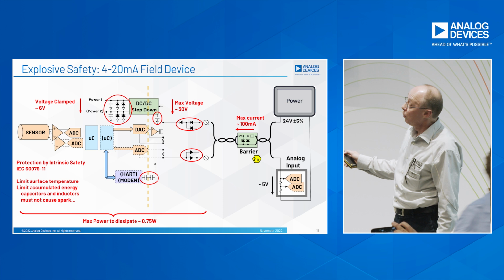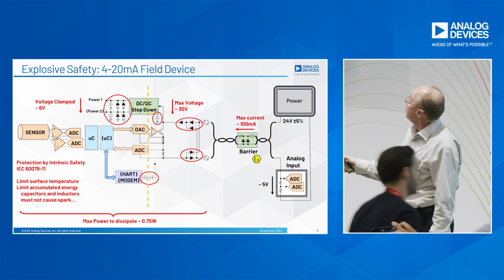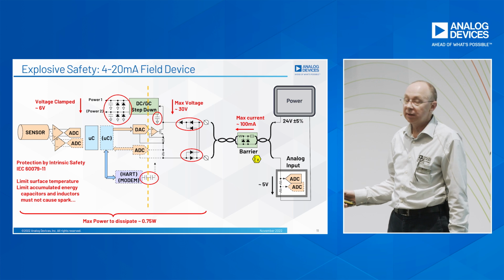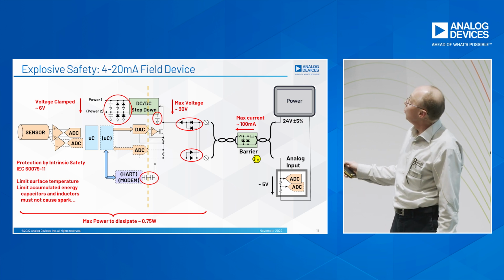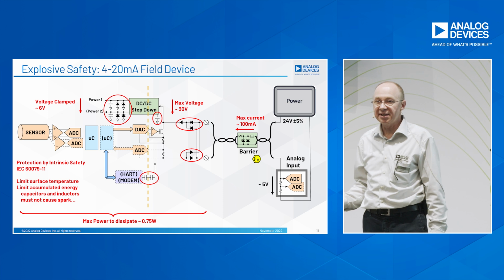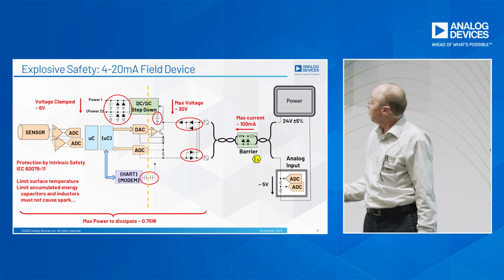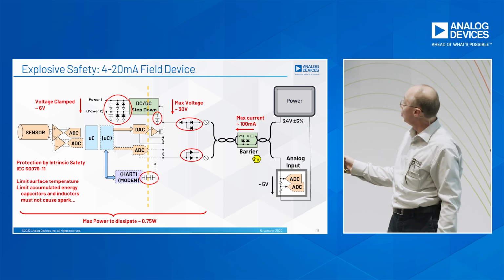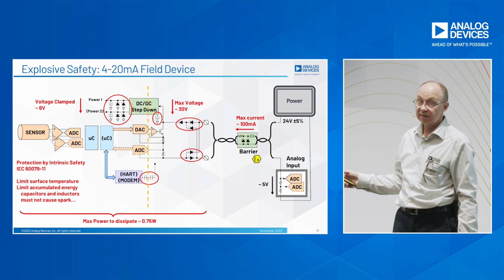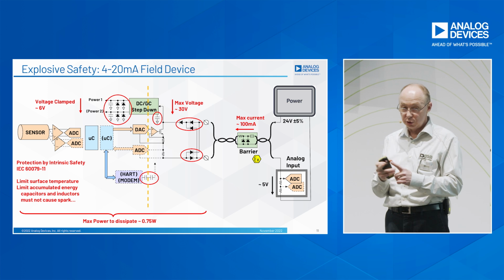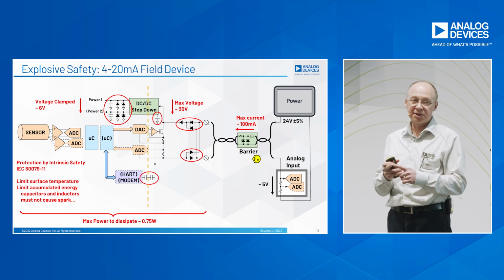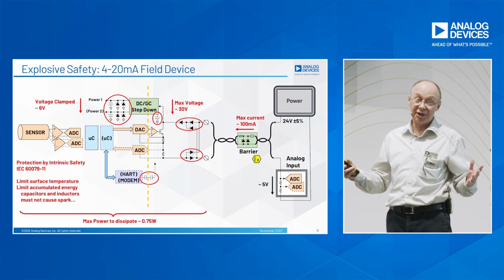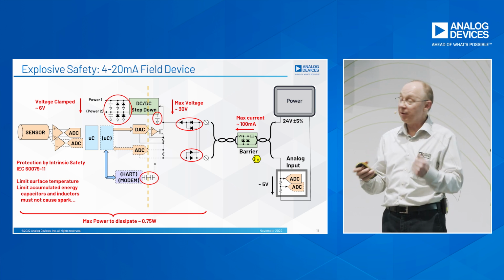You have maximum voltage 30 volts from here. You may be clamping the voltage lower on the instrument side, because if you clamp the voltage lower, you can afford more capacitance. And again, the philosophy here is, if you accidentally short this capacitance by damaging the instrument, it must not spark. Because if it sparks and there is hydrogen outside, it will just blow up the factory.